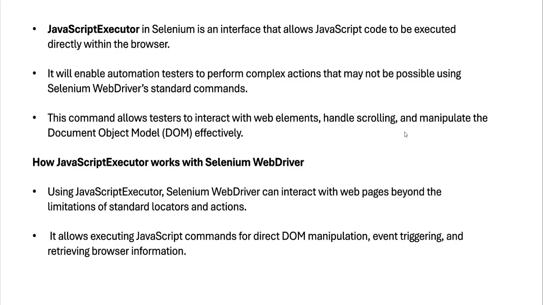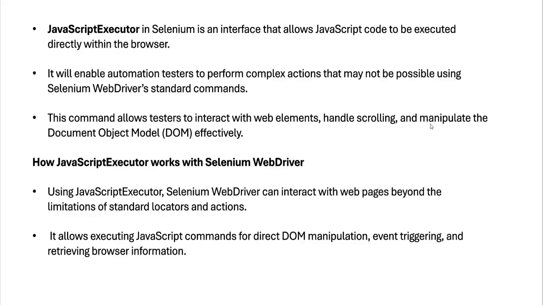Then you can decide that the element is not able to interact, and at that time you can prefer using the JavaScript executor. The JavaScript executor provides two methods. One is execute async script, and another one is execute script.